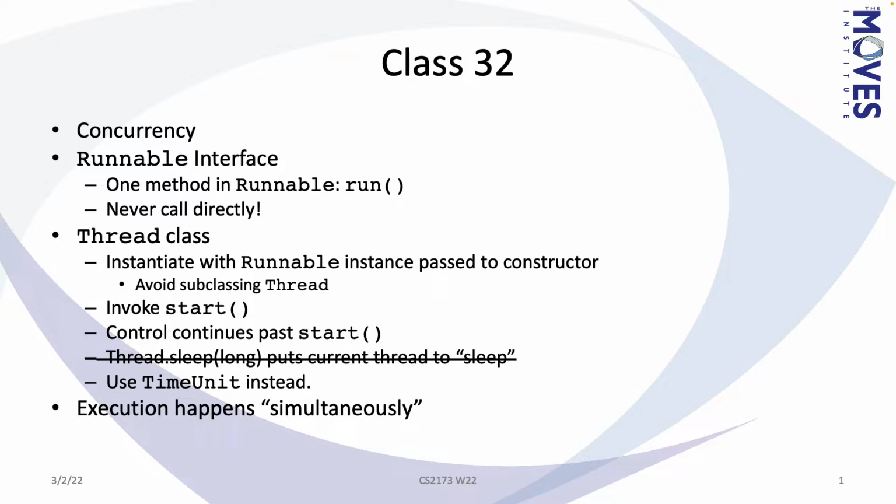You've all experienced what concurrency is about. Concurrency is a bunch of things happening simultaneously. And this goes back even before the kind of computers that we work on now.